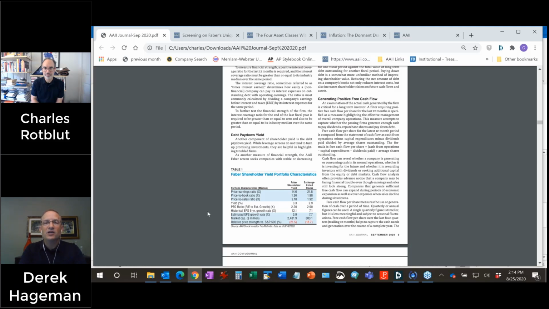This measure attempts to capture whether the passing companies generate enough cash to, of course, pay dividends, repurchase shares, and pay down debt. Companies that generate sufficient free cash flow can expand during periods of economic expansion, as well as cover expenses when sales decline during slowdowns.